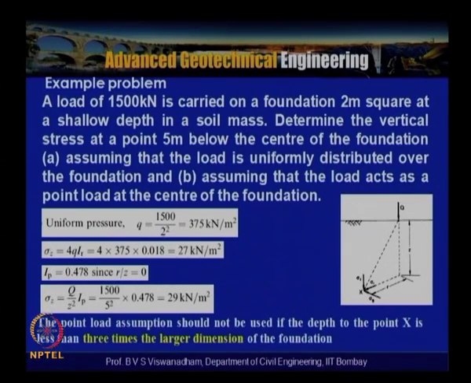So, 1500 divided by z, which is 5 meters, so 1500 by 5 square into the influence factor for the point load assumption, 0.478. If you look into this, the increase in vertical stress due to the point load assumption in the given problem comes to 29 kilopascals, which is actually more than what we have obtained for the uniform pressure.